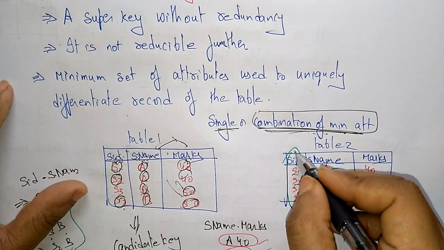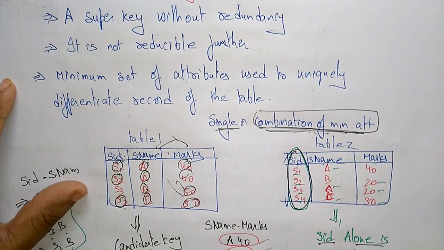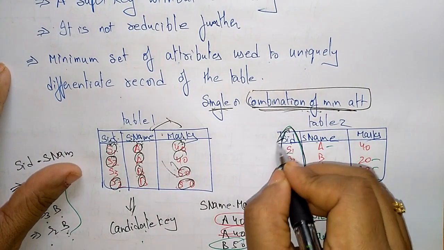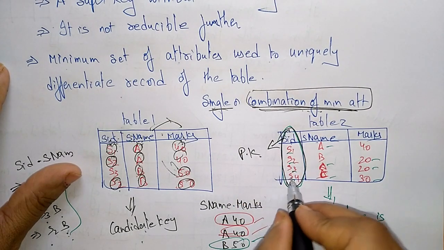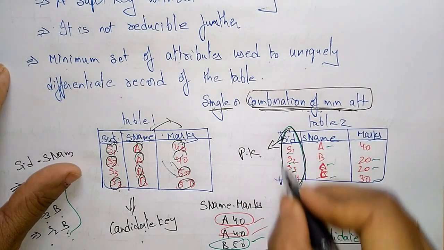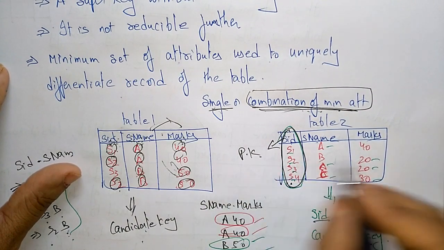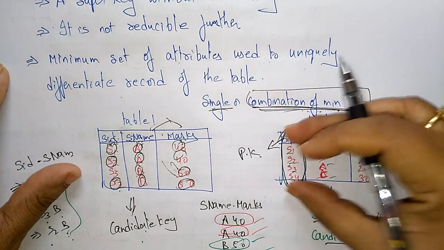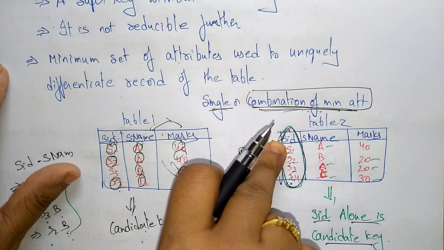Suppose I take the student ID, a single key, as a candidate key. So here the student ID is a primary key. This is a main key with unique data. This student ID uniquely identifies each record, with only one attribute.